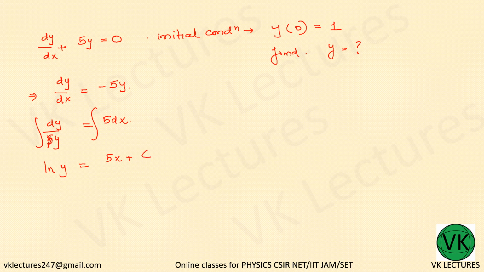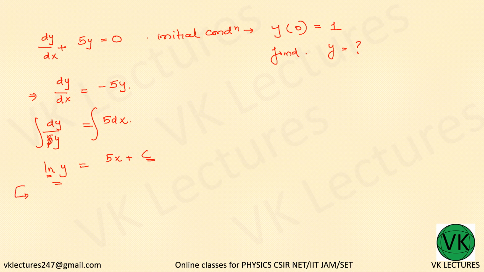Now in this kind of problem, if your dependent variable is a function of log, then you need to write the constant also as a function of log. So that's why.